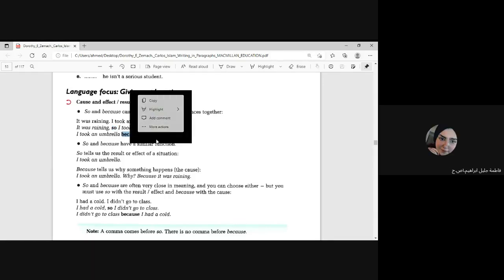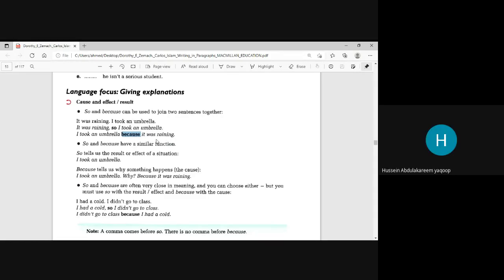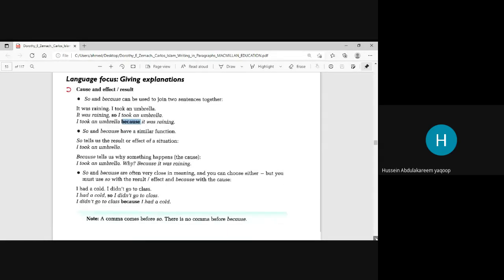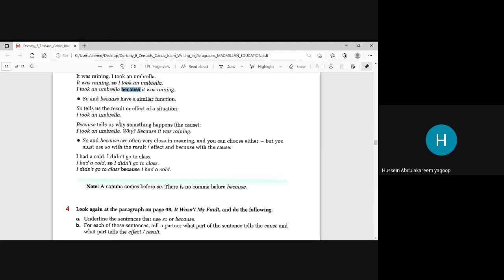The cause or the reason comes after because. They have a similar function and are used with cause and effect, but in application they are different.